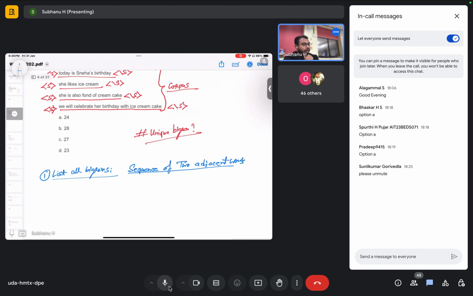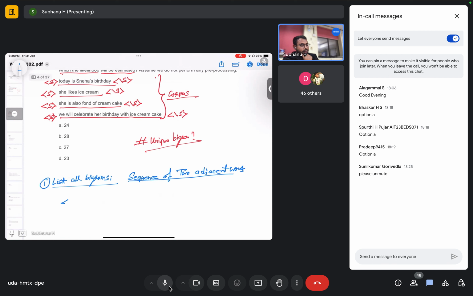Okay. So like this is "today". You also have to take the start of the sentence as a word, because this is the starting of the sentence. So these two make the bigram. Then "today is", these two are the second bigram.